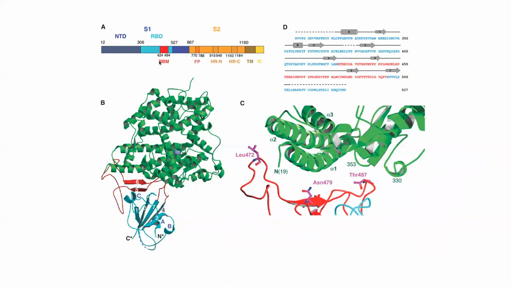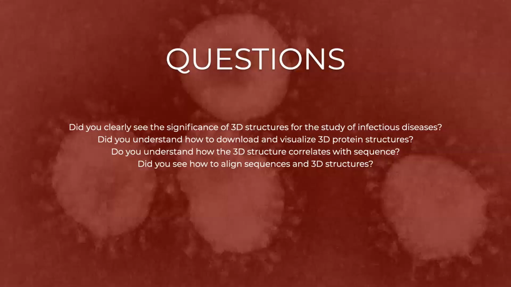Okay, and so this is something that we wanted to do last time, and I just wanted to quickly go through this exercise to make sure that we understand how the relationship between the sequence and the structure can help us understand some of these properties of the novel coronavirus.